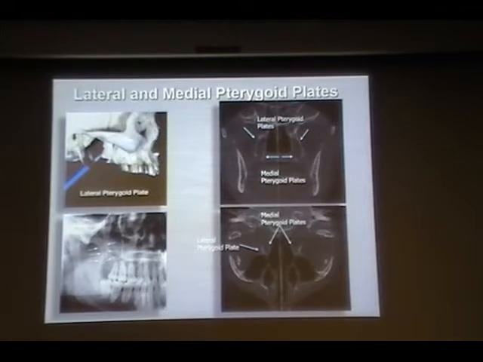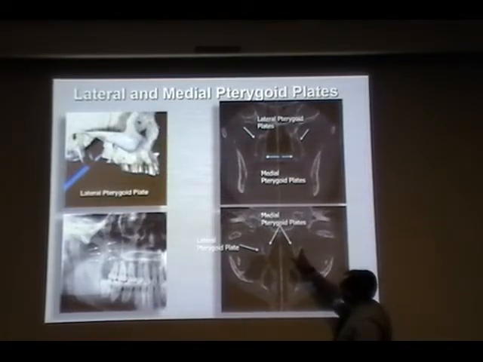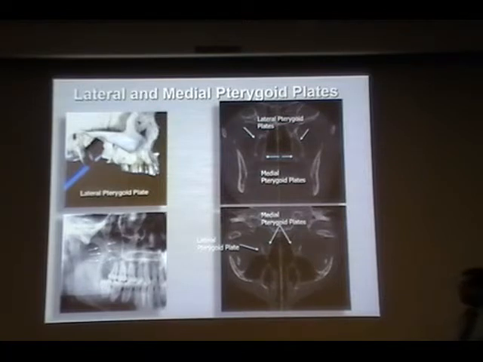So this is another view where we are trying to show you the medial pterygoid plate and the lateral pterygoid plate. Here you can clearly see a part of extension.